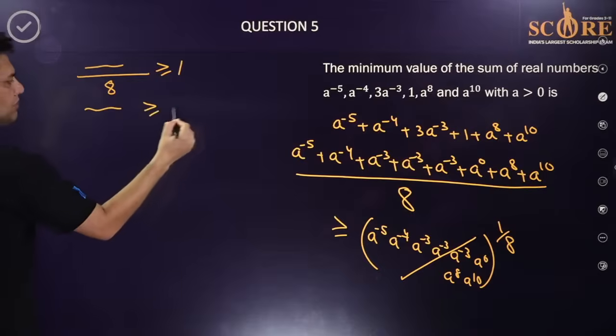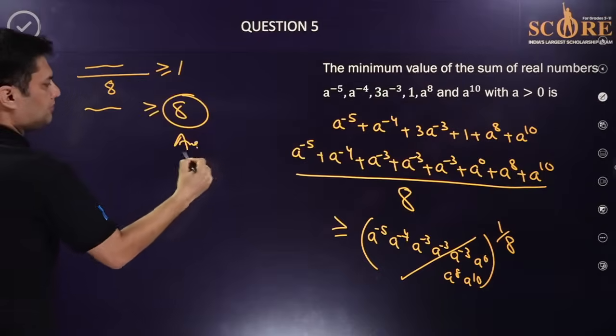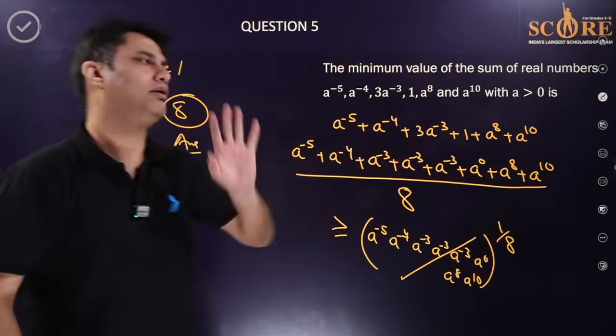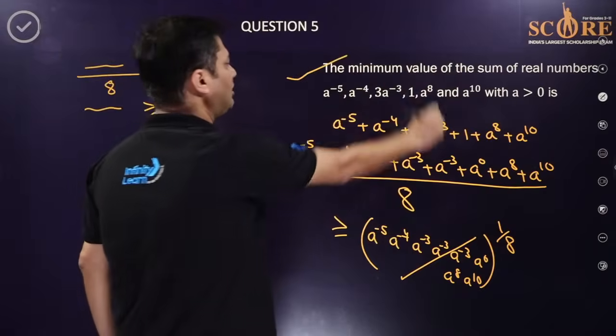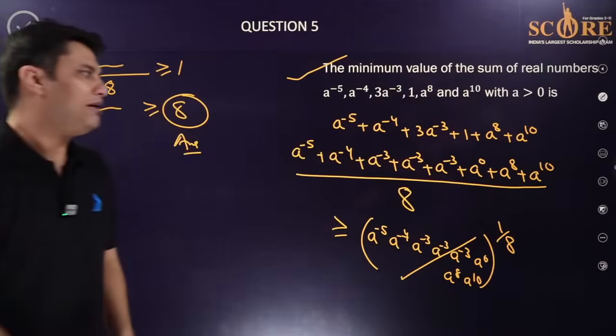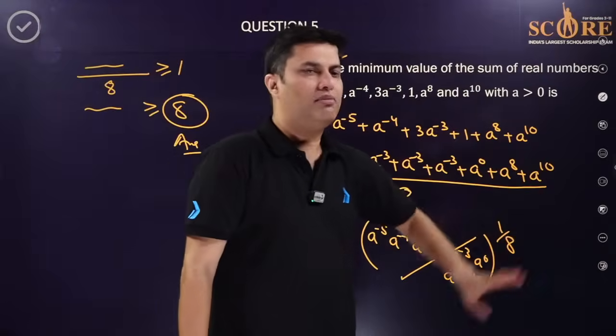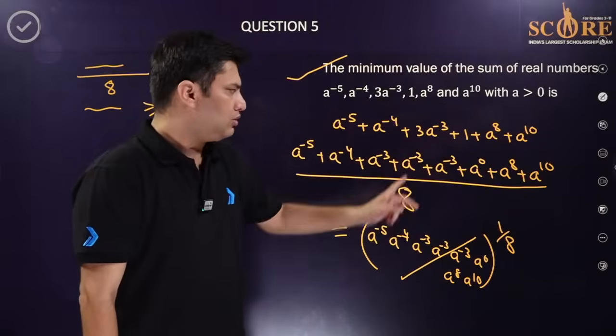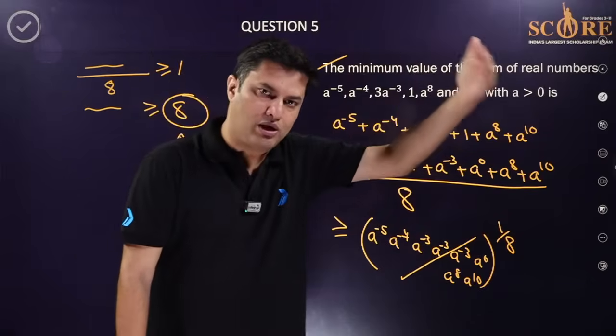So the minimum value is coming out to be 8, because we have used the AM-GM inequality. I again repeat, if you really want to find the minimum value of the sum of real numbers, just break it into equal parts.